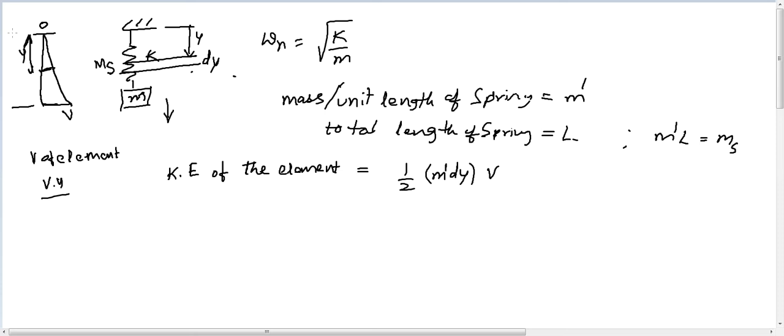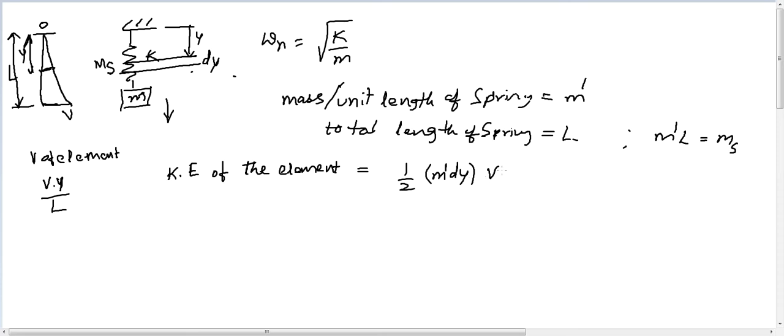From similar triangles you can get this equation, it's very easy. This is the total length, so v into y by l is the velocity at the element.